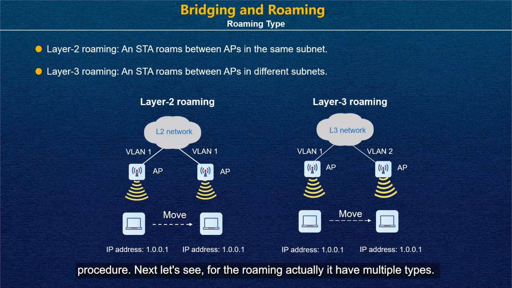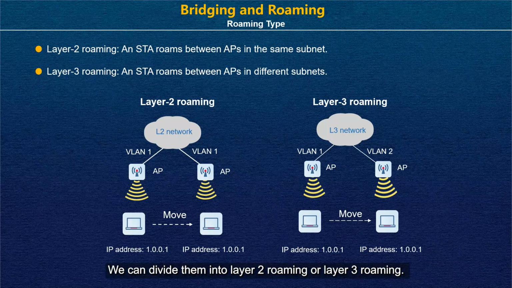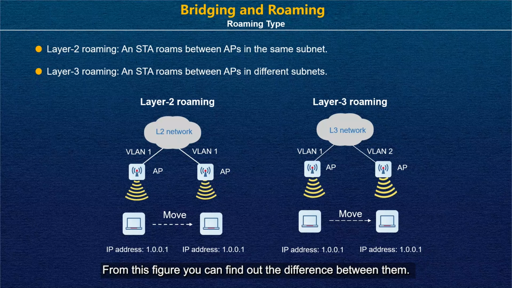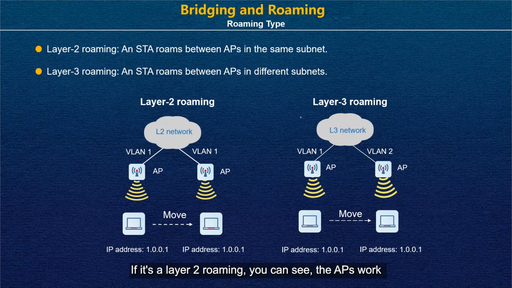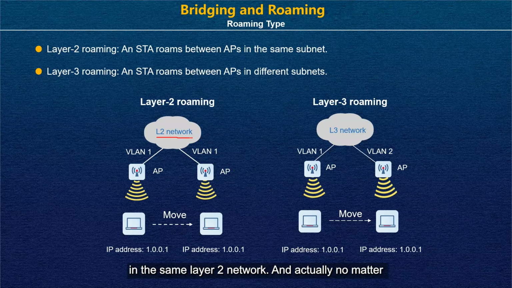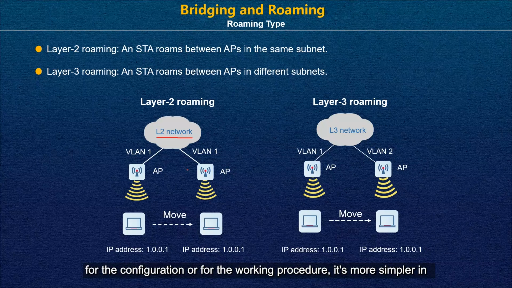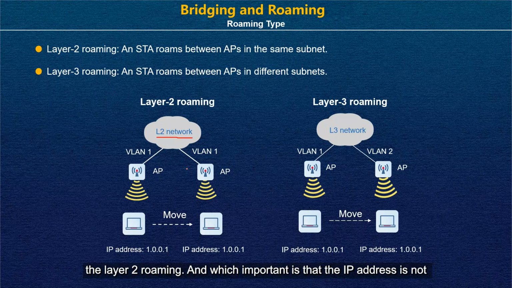Next, let's see, for roaming, actually it has multiple types. We can divide them into layer 2 roaming or layer 3 roaming. From this figure, you can find out the difference between them. If it's a layer 2 roaming, you can see the APs work in the same layer 2 network. No matter for the configuration or for the working procedure, it's simpler in layer 2 roaming.